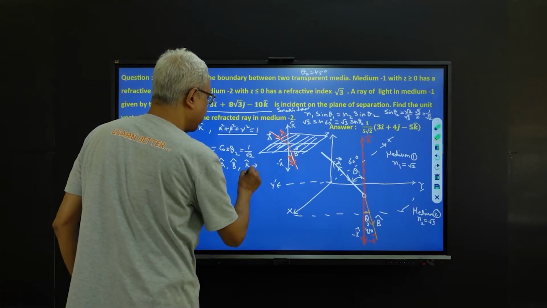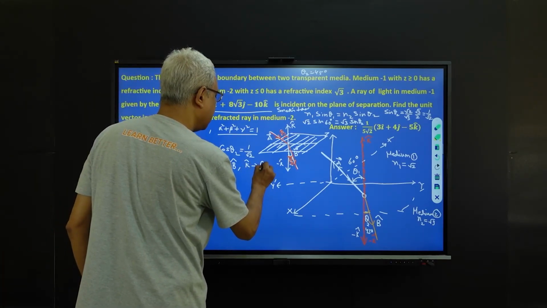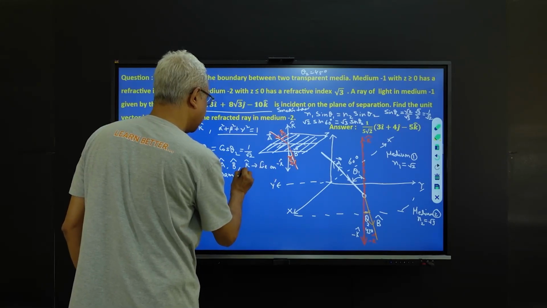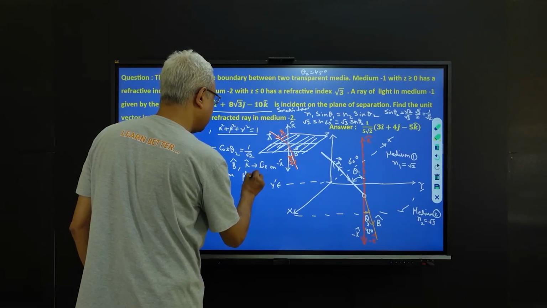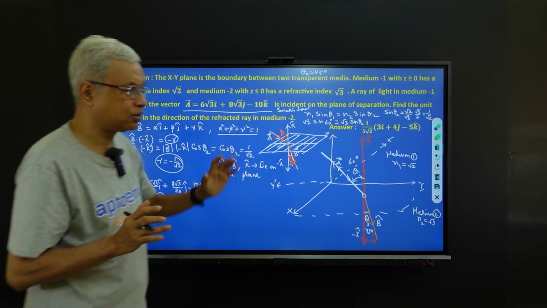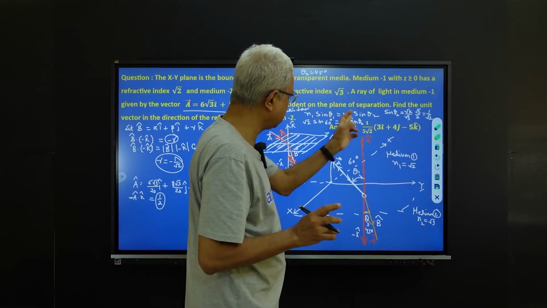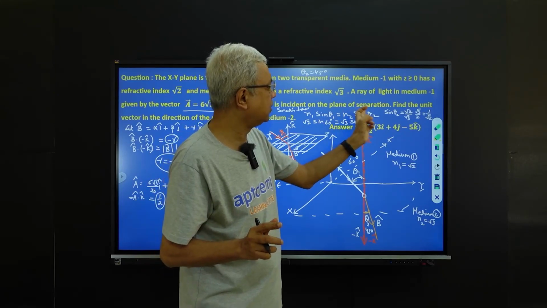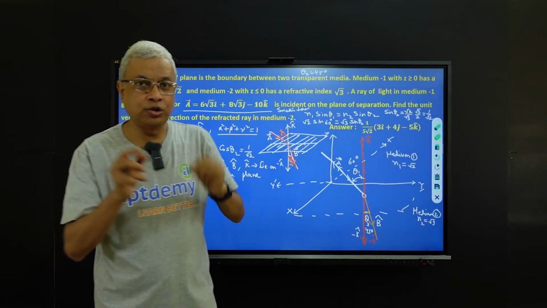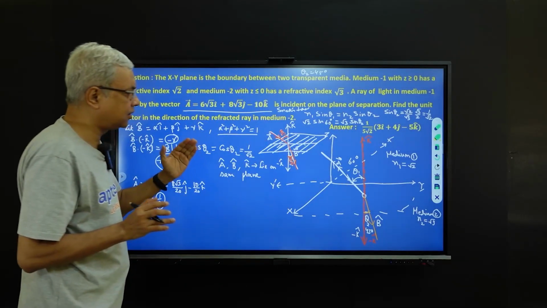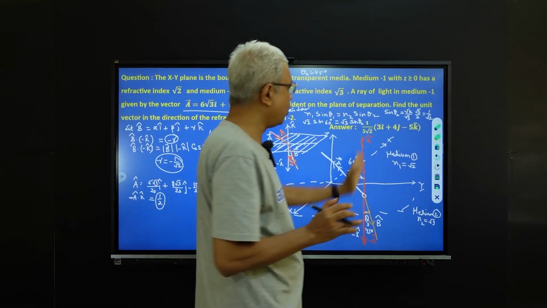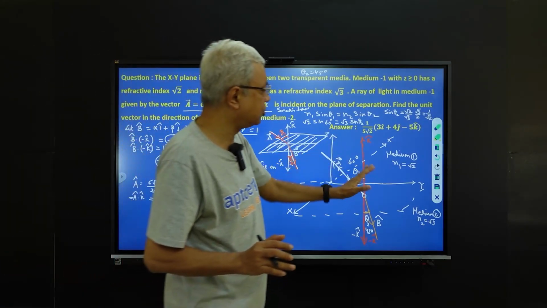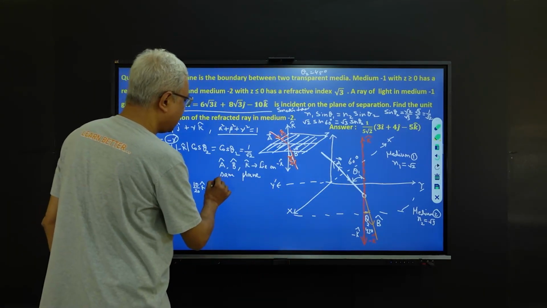They lie on the same plane. This is also another very important part of Snell's law. Snell's law does not only say that n1 sin theta 1 is equal to n2 sin theta 2. It also says that the refracted ray, incident ray and the normal at the point of incidence, all these three vectors must lie on the same plane.